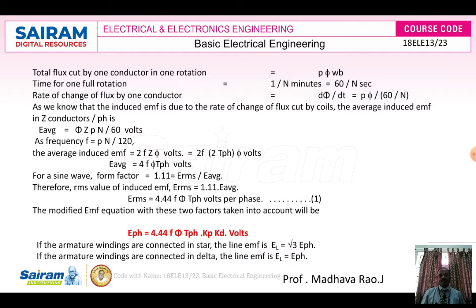As we know, the induced EMF is due to the rate of change of flux by the coil. The average induced EMF in Z conductors per phase is E average equal to phi Z P N divided by 60.